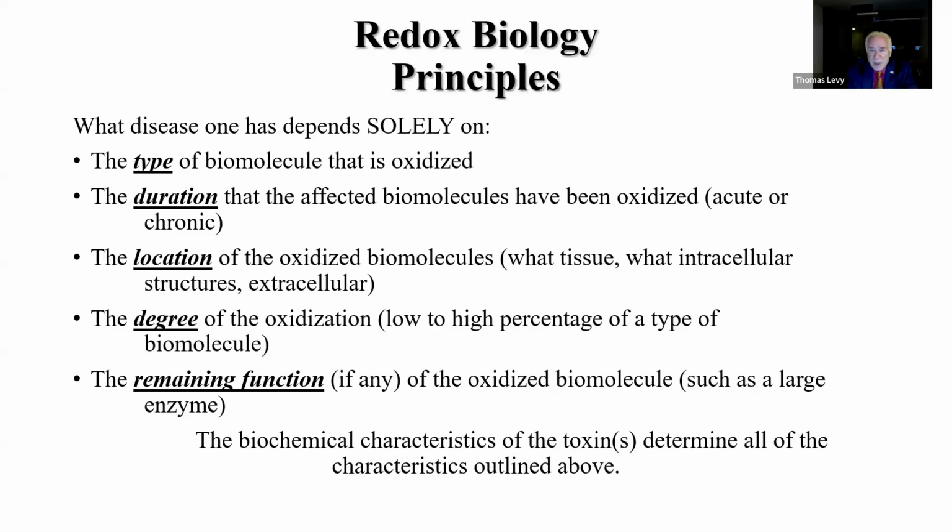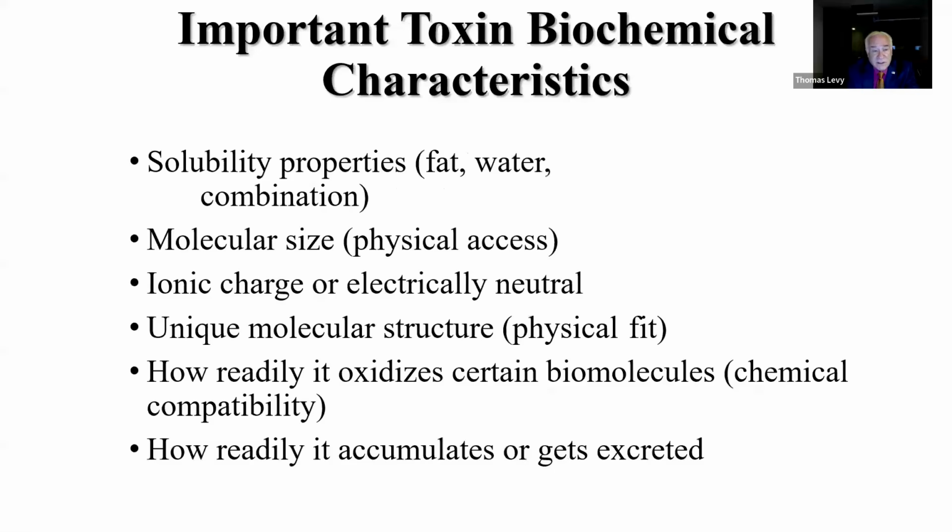And this applies primarily to large biomolecules like enzymes. You might oxidize part of the enzyme and not completely neutralize it, but decrease its biological activity by a percentage, 10%, 20%, 50%, etc. And these different characteristics of oxidized biomolecules are dictated by the biochemical characteristics of the toxin or toxins that caused it.